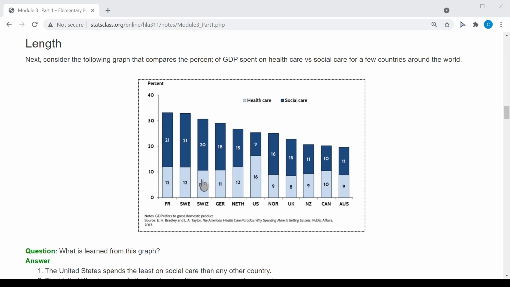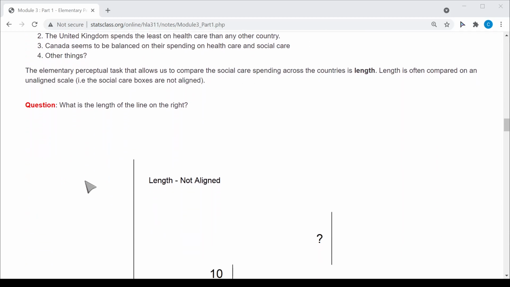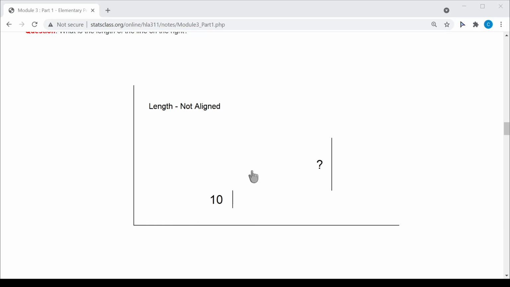Now it turns out in this particular graphic that the healthcare boxes are aligned because those are all on the bottom here, but the social care boxes are not aligned. But once again, our minds are pretty good at estimating values for lengths.